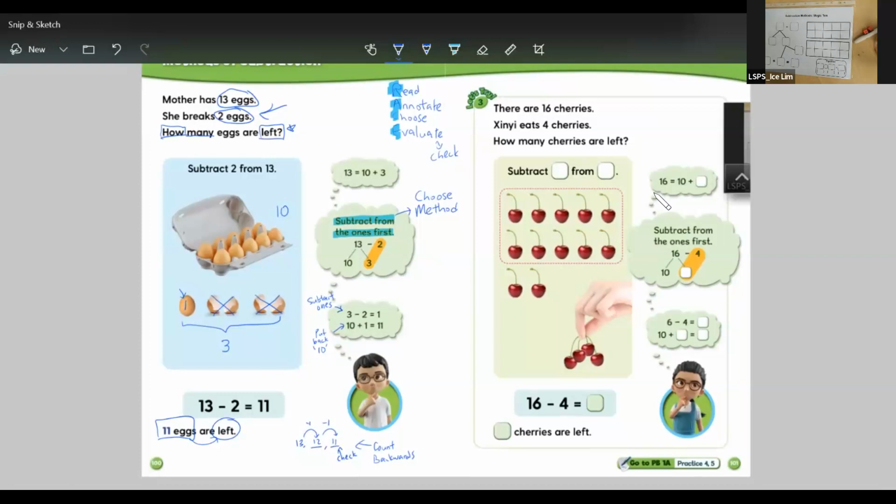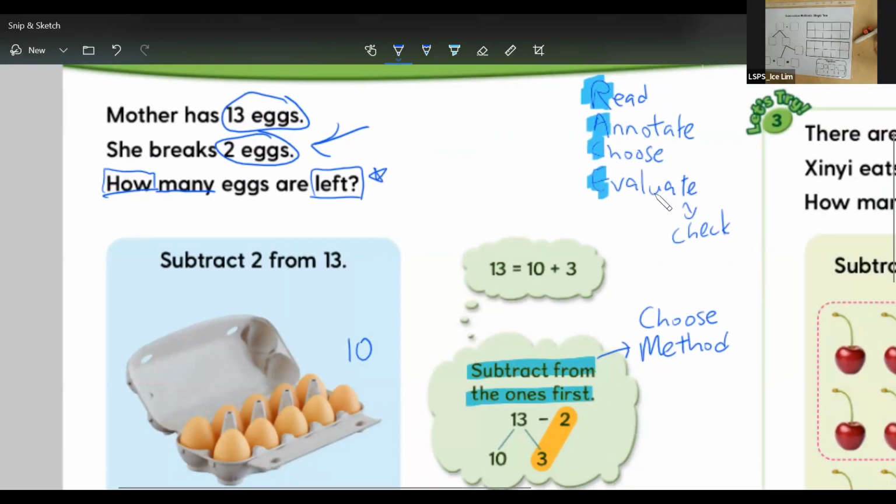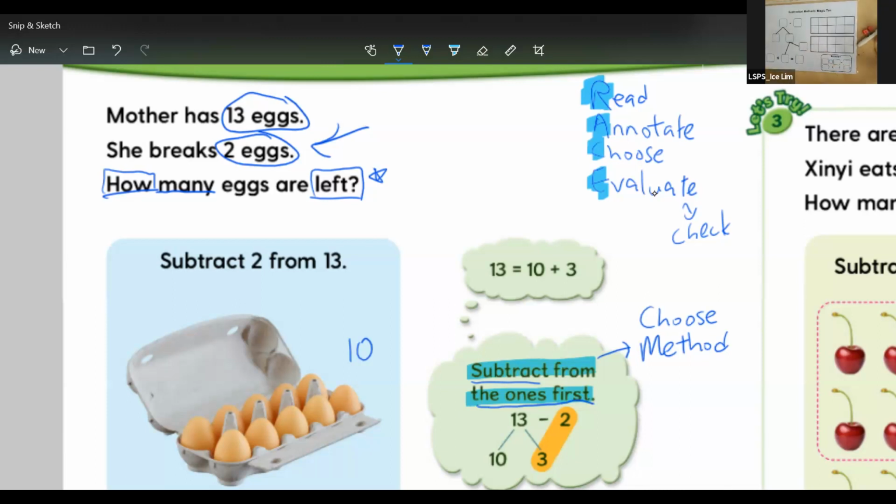Okay? The method is what? Subtract from the ones first. Okay, now I show with the whiteboard how you did this.